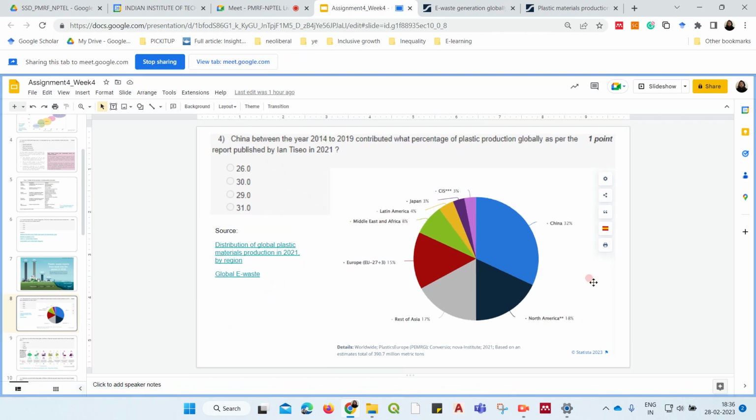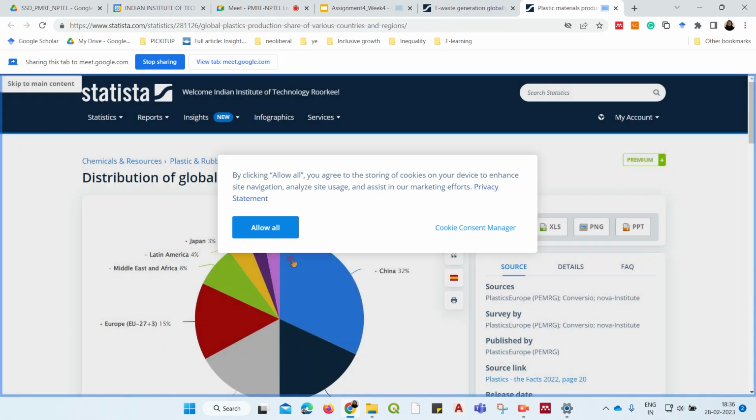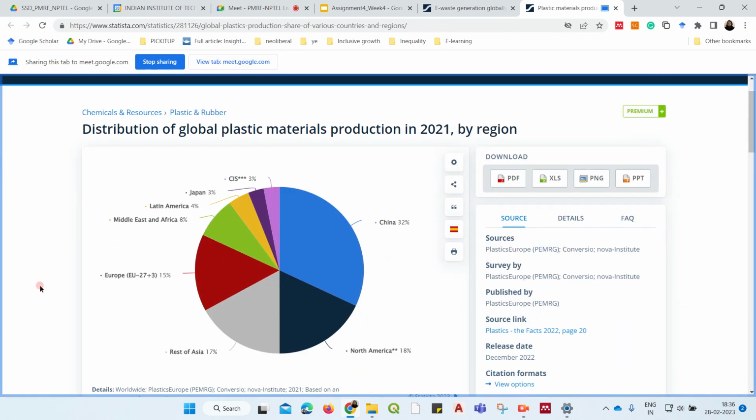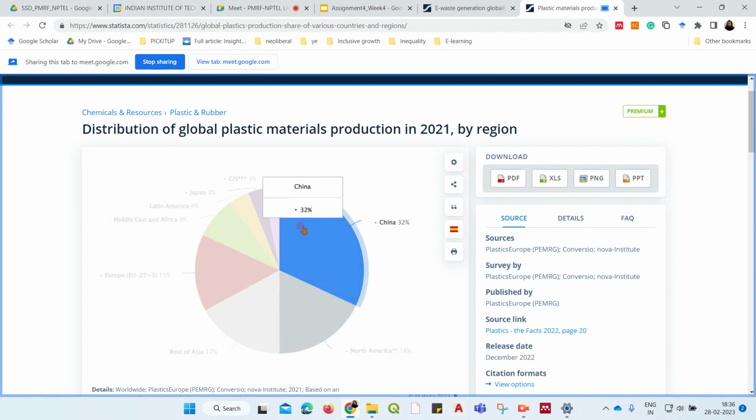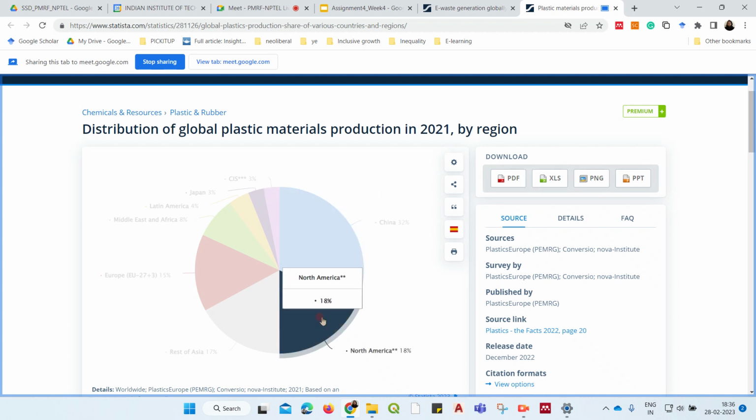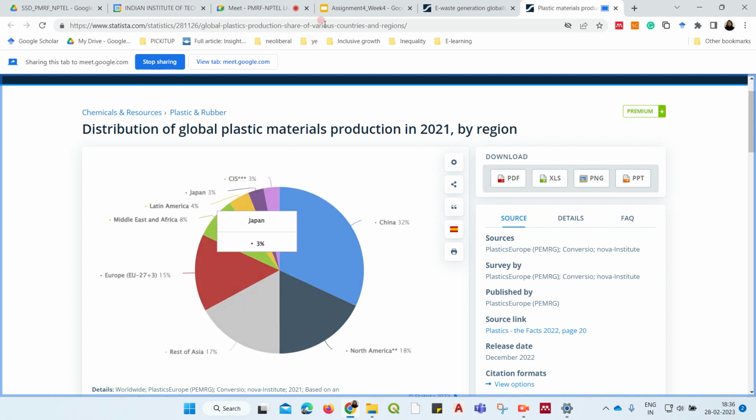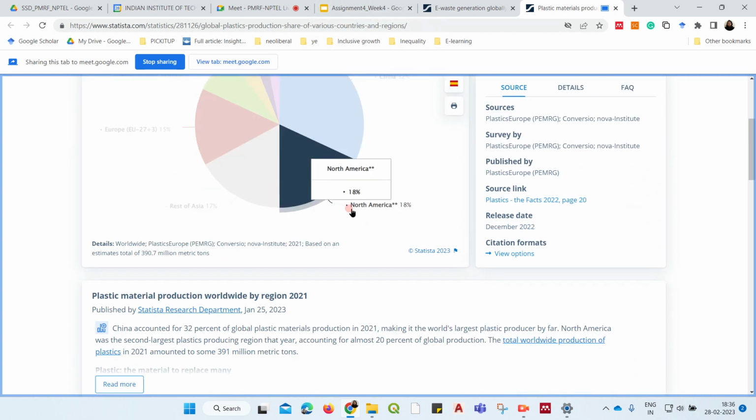So the report which I found about plastic was this report, whose link I have provided here. What this report tells you is the distribution of global plastic materials production in 2021 only. So you can see China and North America, the contribution of different countries.